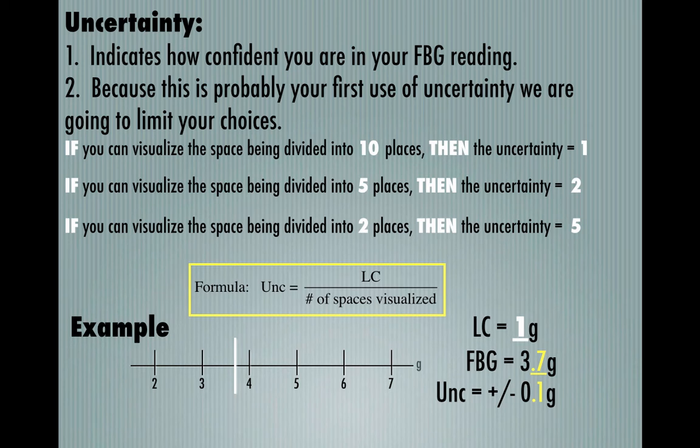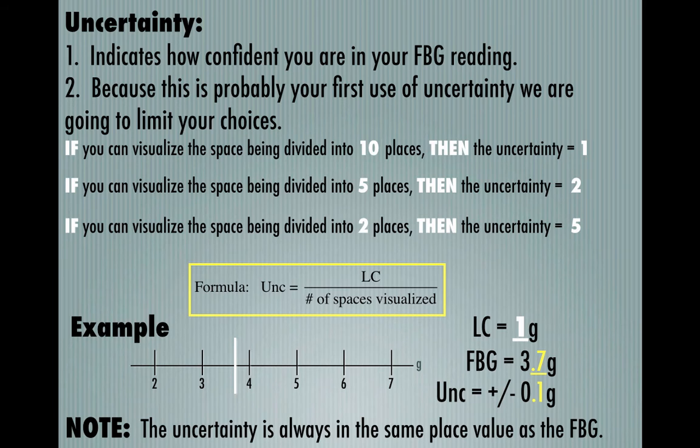Notice that the digit is a 1, and a 1 means I'm fairly certain because I could divide that space between the tick marks into 10 places. So the 1 isn't in the 1's place. In this case, it's in the 10th's place because the uncertainty is always in the same place value as the guess.